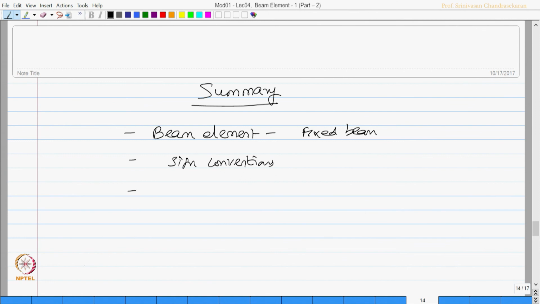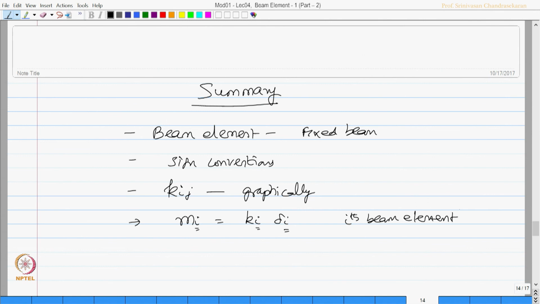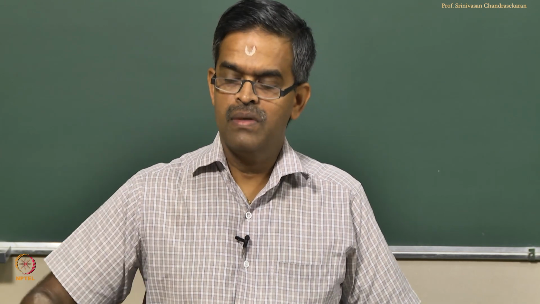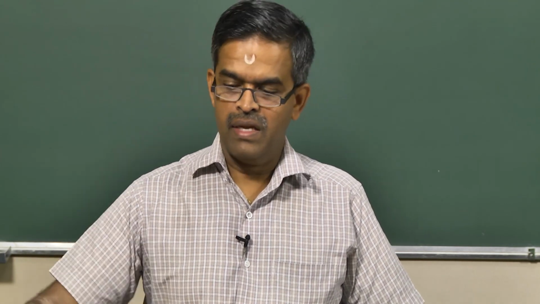We expressed in simple terms how to derive k I j graphically, and then we landed up in an expression saying m I is k I of delta I, where I represents the whole event for the ith beam. So, there can be n number of such elements in a given frame. I hope you have understood this. I want you to browse through this very quickly and understand once again how we have followed this, and I hope we will continue to discuss more in detail in the next lecture. Thank you.